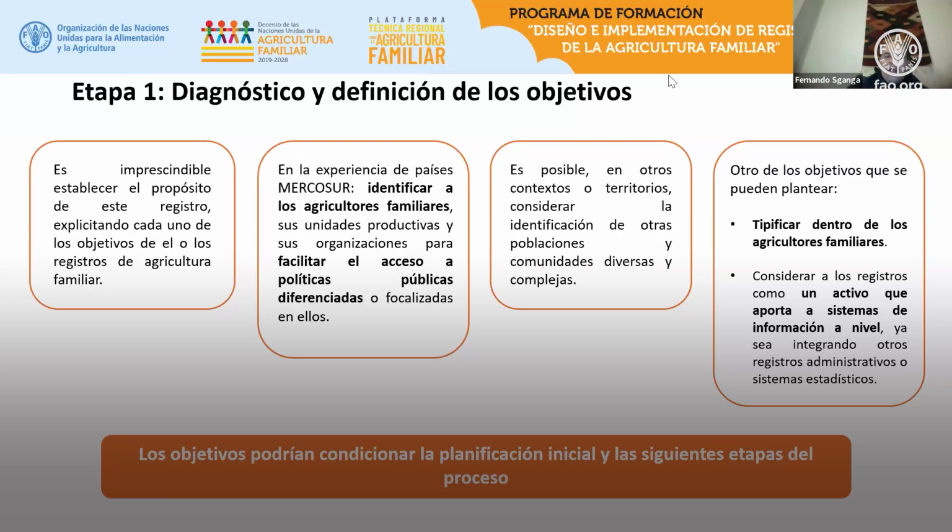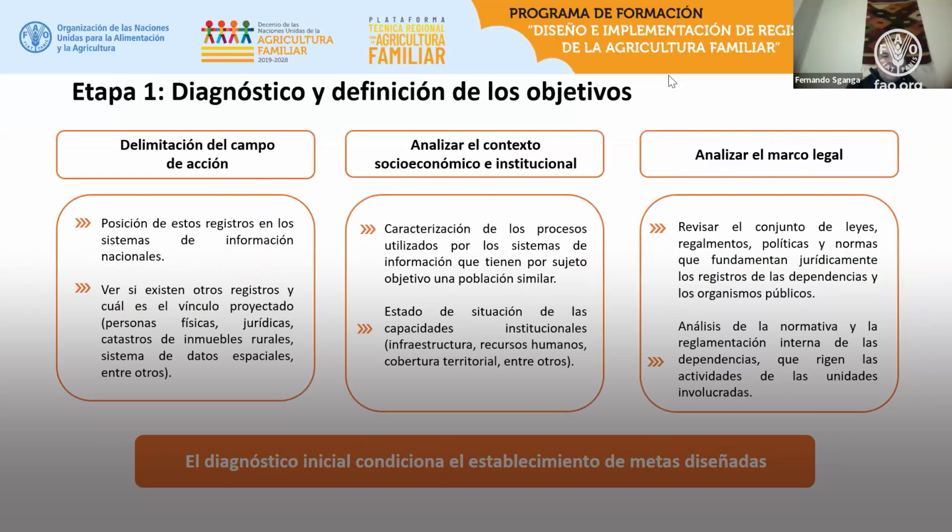We also need to discuss this as part of the definition of the goals. And this may be seen as an asset that will contribute to information systems. So what's the goal we have? Having an information system of all farmers in the country? Probably that could be the ultimate goal. But then how can we include family farming? That's another element. But the point here is to set the goal. What is the goal set? It will condition planning and the subsequent stages in the process.